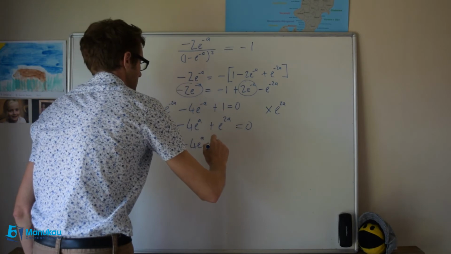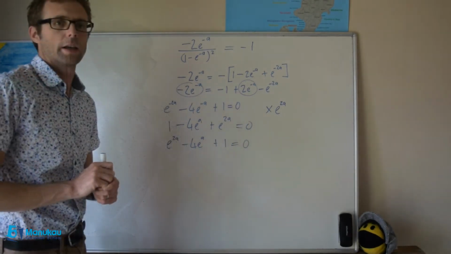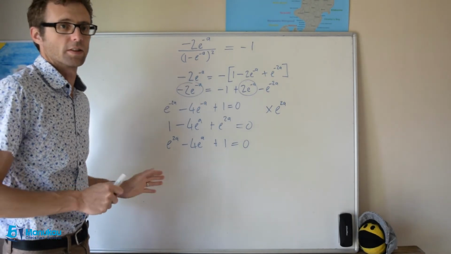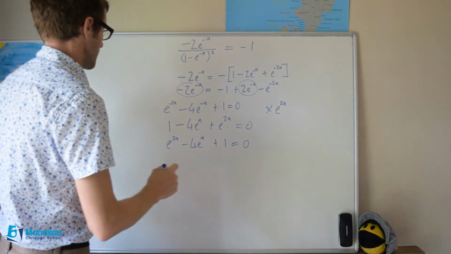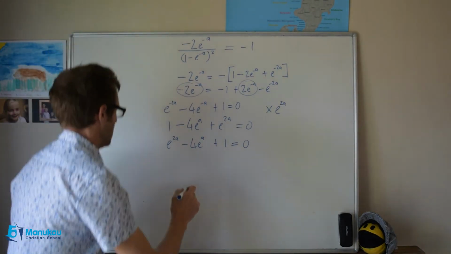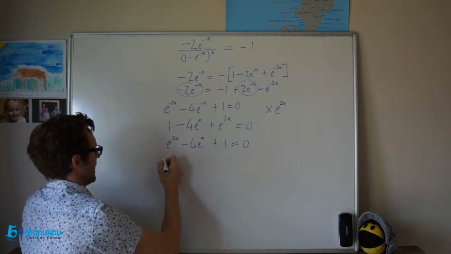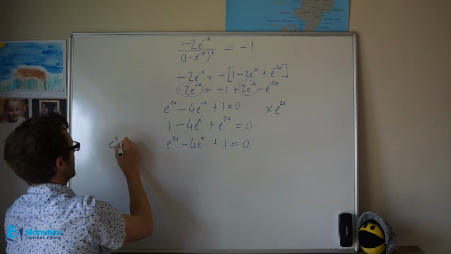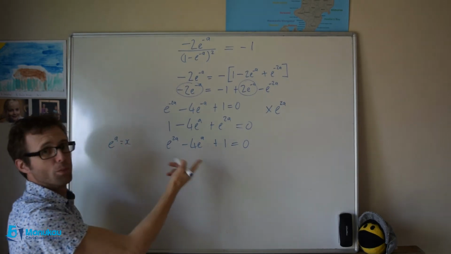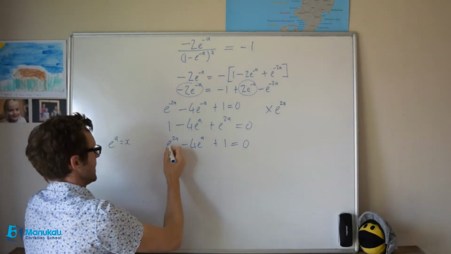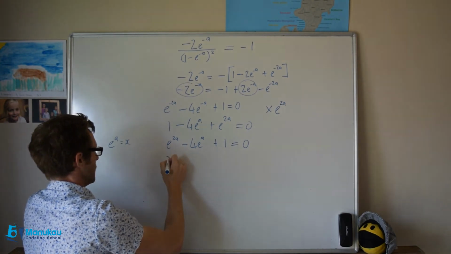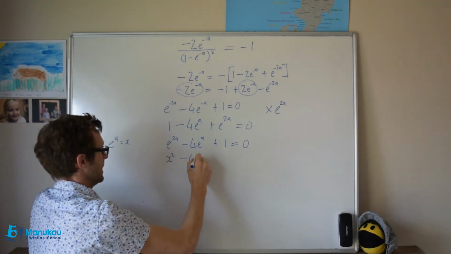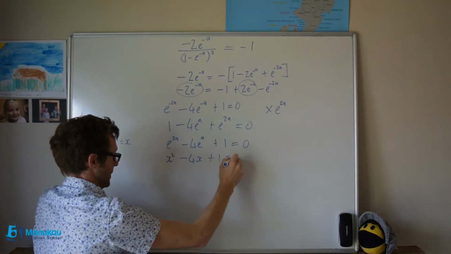Okay, at this point we need to look at this as a quadratic, and I'm going to say that e to the a is going to equal x, and we'll just put it in a form that you're more familiar with. So e to the 2a is therefore x squared minus 4x plus 1 equals 0.